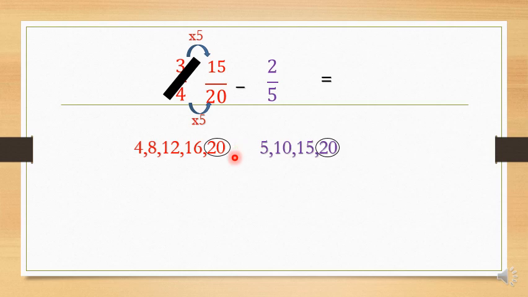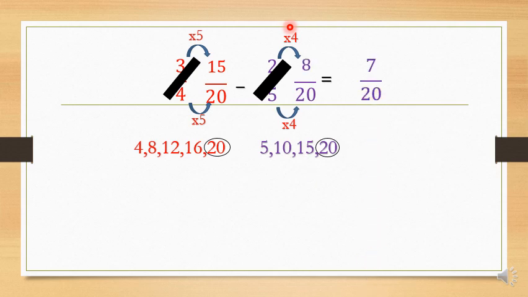So now moving on to have a look at 2/5. So we've got to turn it into 20ths because that was our common denominator. What do you do to 5 to get to 20? You multiply it by 4. And then the same to the top, multiply 2 by 4, and you get 8.